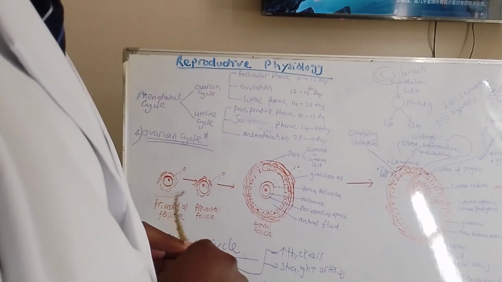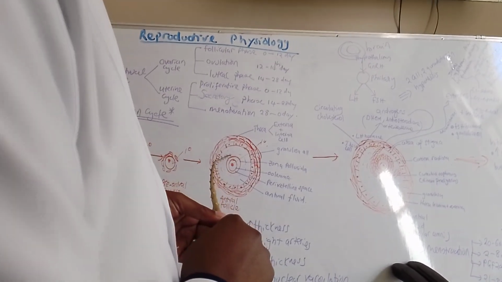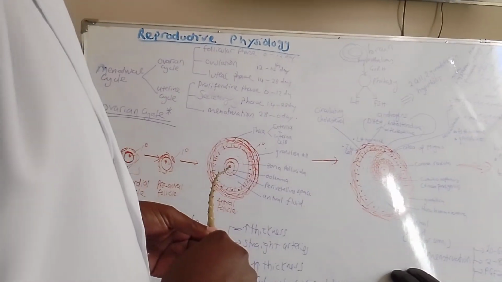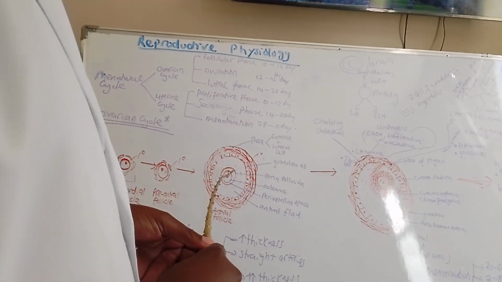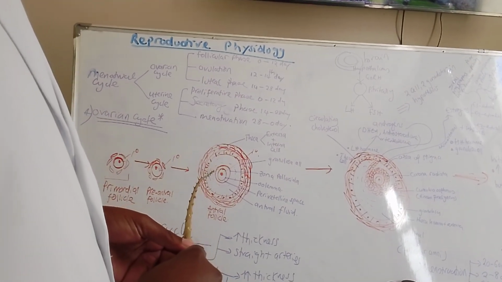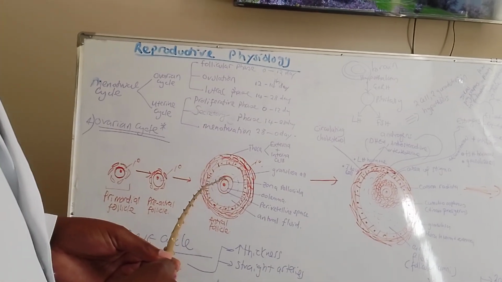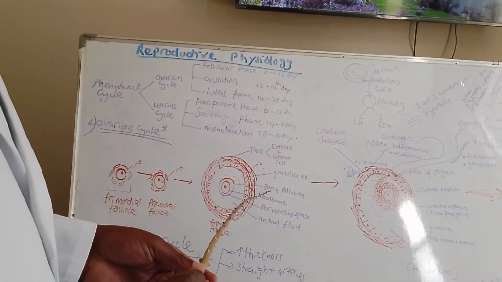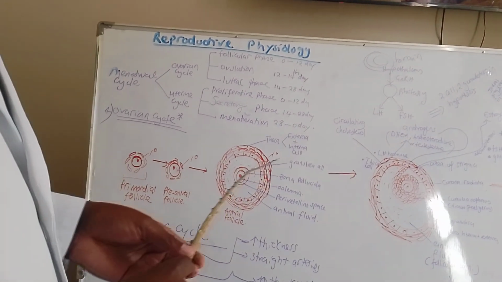Here we have theca cells, here we've got theca cells. Then all of a sudden we have got fluid. And then the primary oocyte remains in the center. You see that? Very soon there is a layer of glycoprotein which is formed around the primary oocyte, and that layer is known as the zona pellucida.